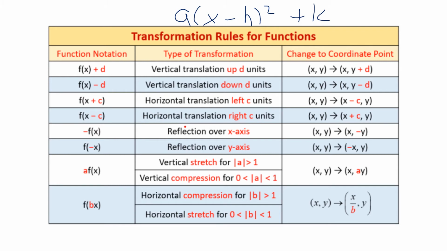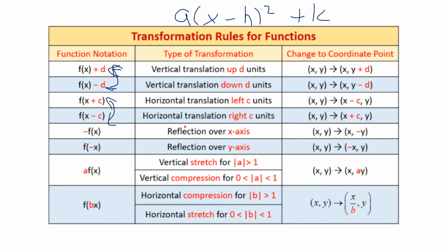Here they use D. I like to use K. But long story short, anytime you see a number outside of the function, to the far right, it just tells you the graph moves vertically, just up and down. So positive and negative, D or K, as I prefer it. Then in terms of it moving left to right, that's what's inside the parentheses.